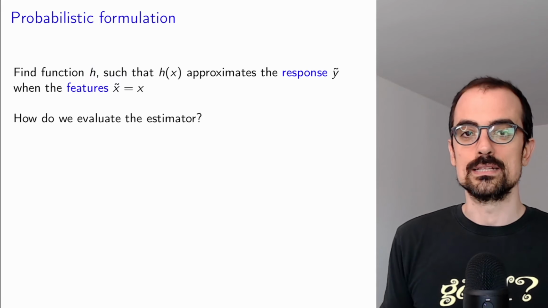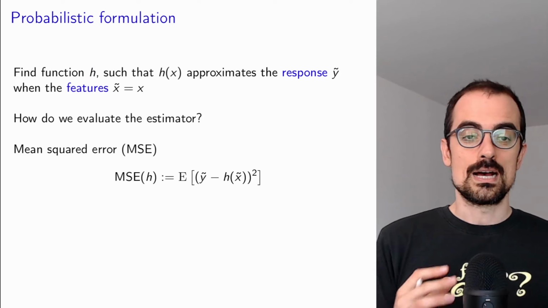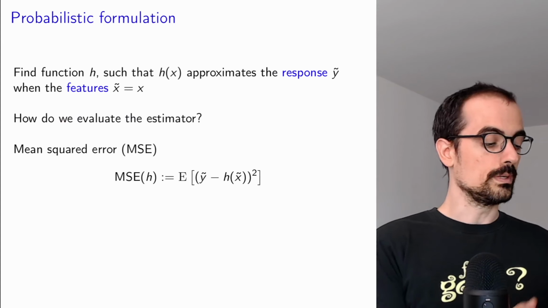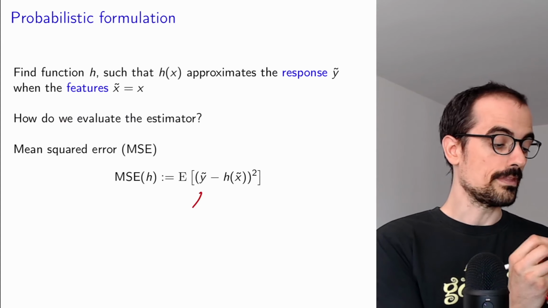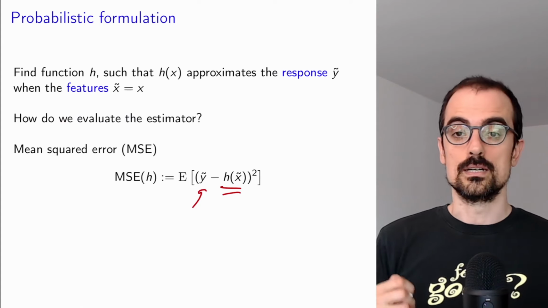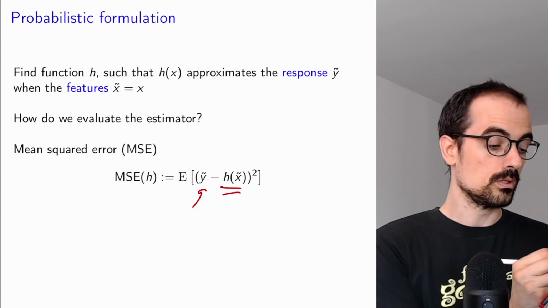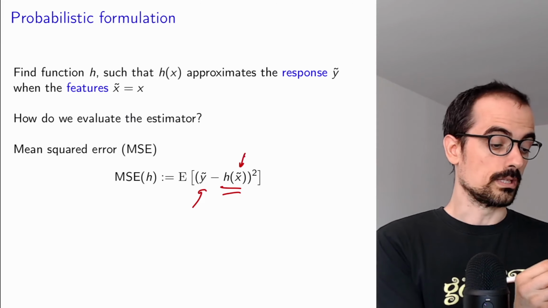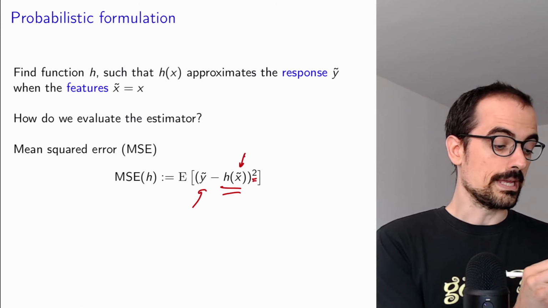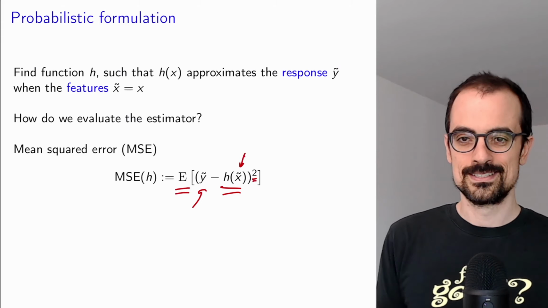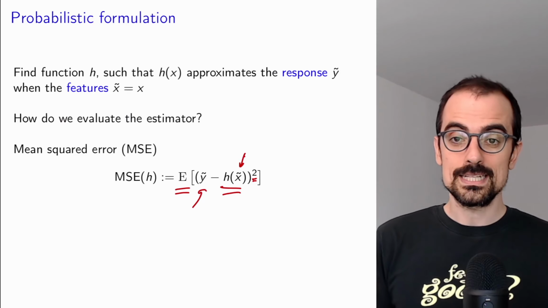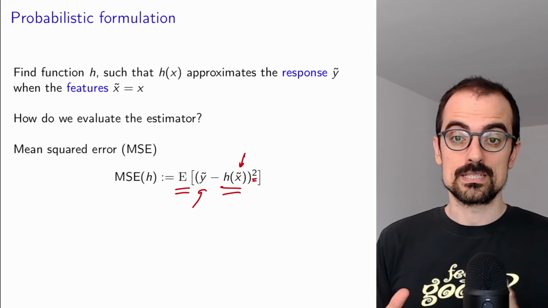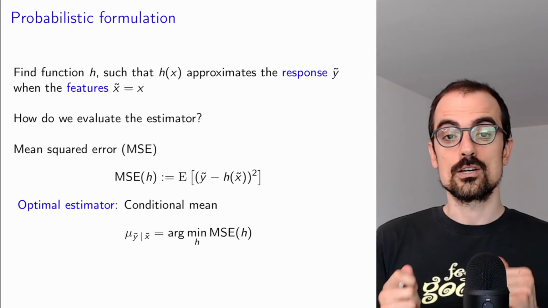How do we evaluate a regression estimator? A standard metric to evaluate them is the mean squared error, where we take the response and then we subtract the estimate corresponding to the feature vector. We take a square so that there are no cancellations, and then we average using the mean. This mean squared error metric can be optimized exactly using a very specific estimator, which is the conditional mean.